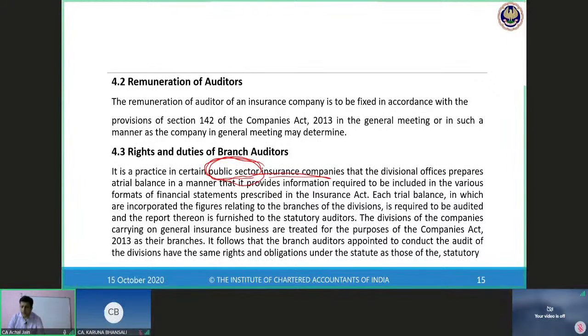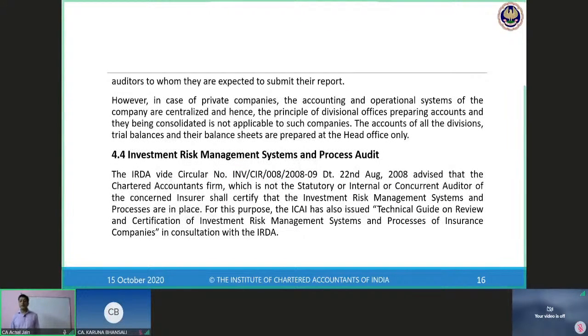The divisions of companies carrying on general insurance business are treated for the purposes of Companies Act 2013 as their branches. It follows that branch auditors appointed to conduct the audit of those divisions have the same rights and obligations as the statutory auditors to whom they submit their report.